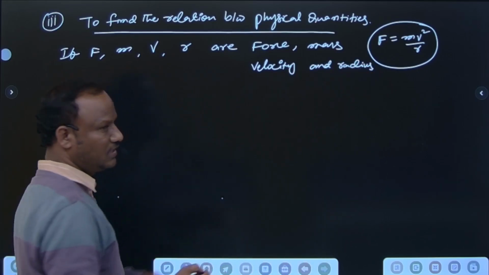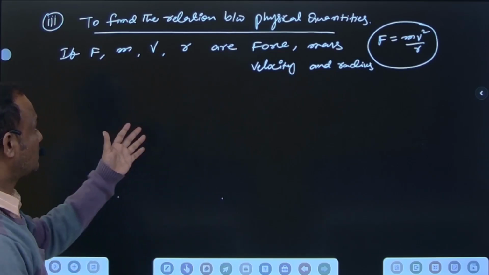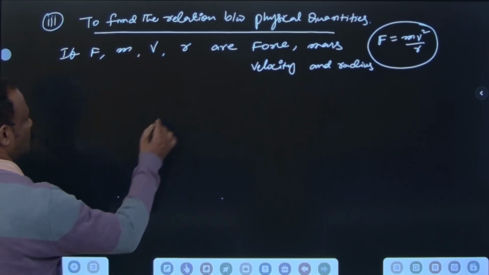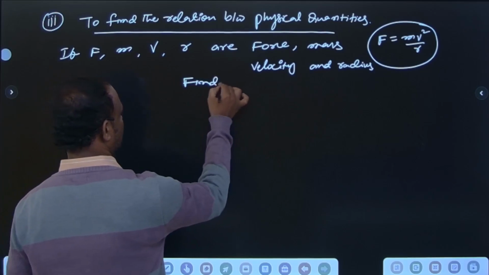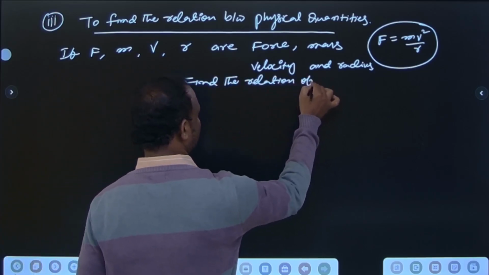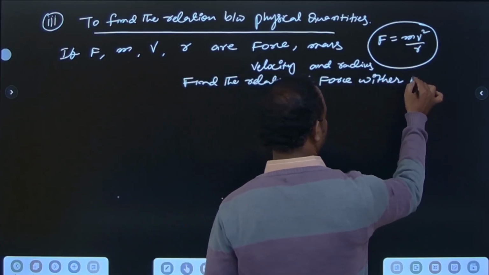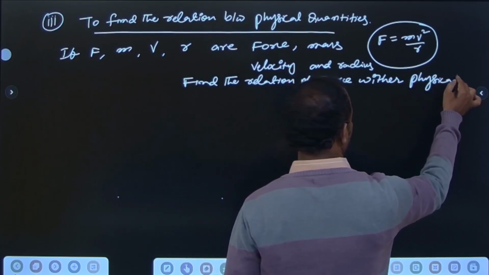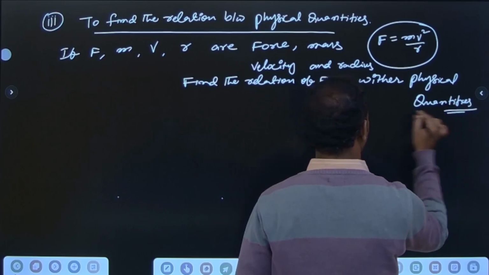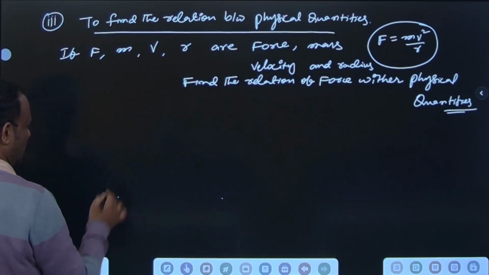Find the relation of force with other physical quantities. He may also ask us to find the relation of V with other physical quantities. So this is my question. Carefully note, it is not a definite exact question, but a definite model.